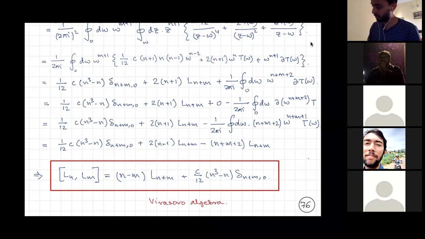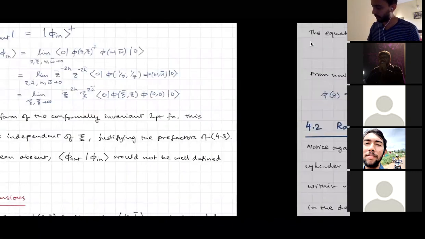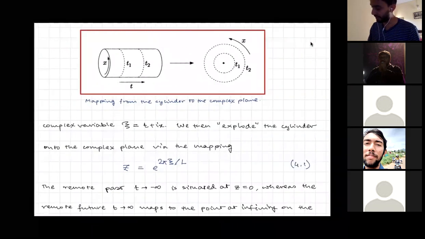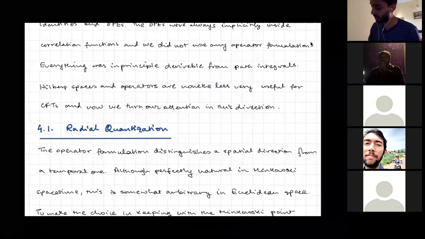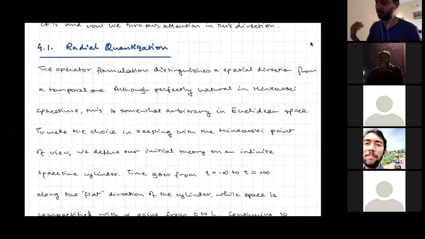Just to briefly run you through the same thing again, what we did is that we said we want to go to the operator formulation, and there we looked at radial quantization, where, since this operator formulation needed to distinguish between a space direction and a time direction, it's natural to define things on a cylinder.